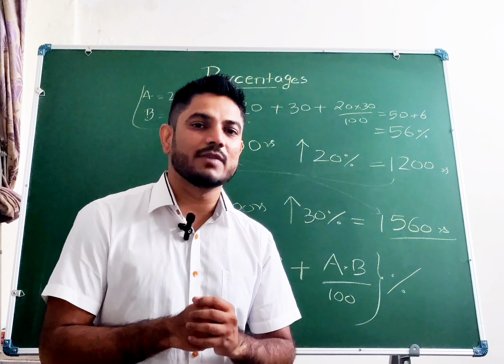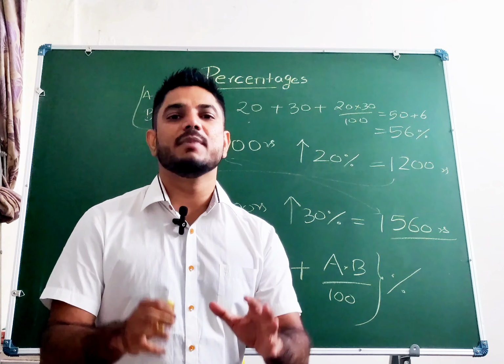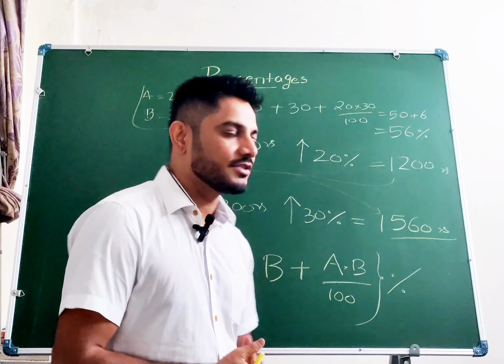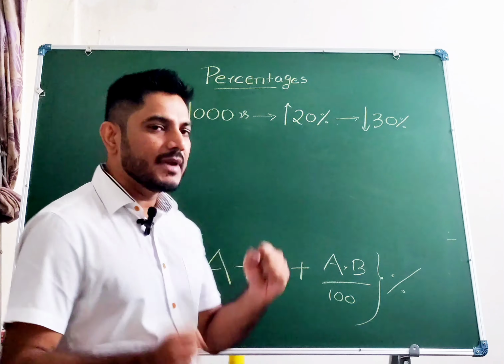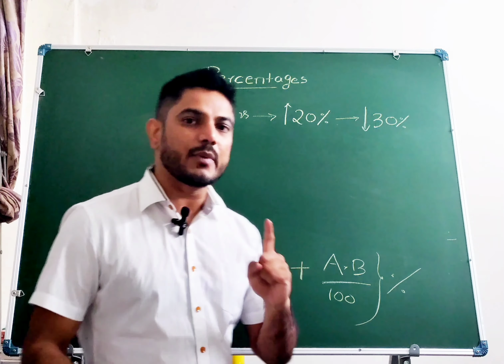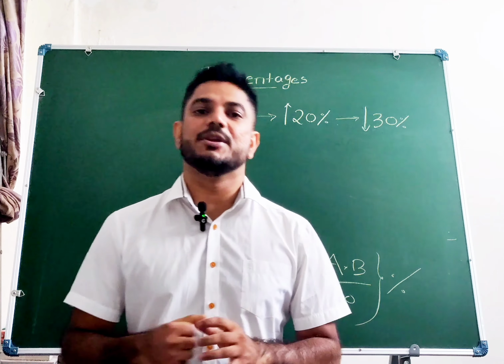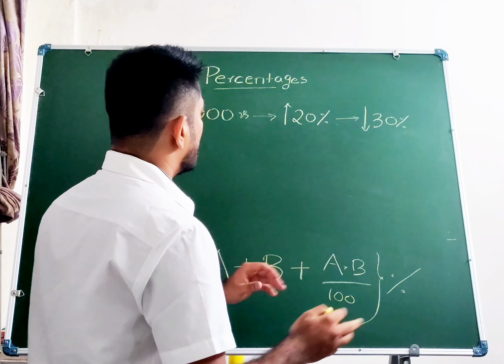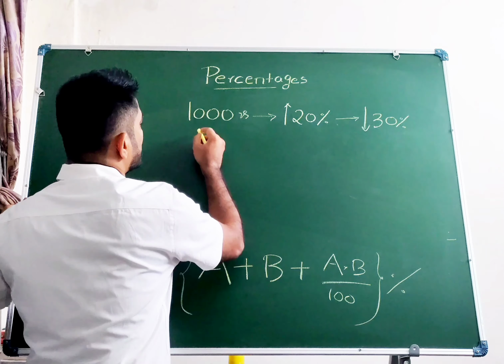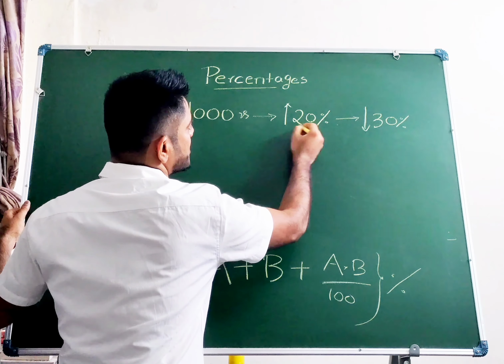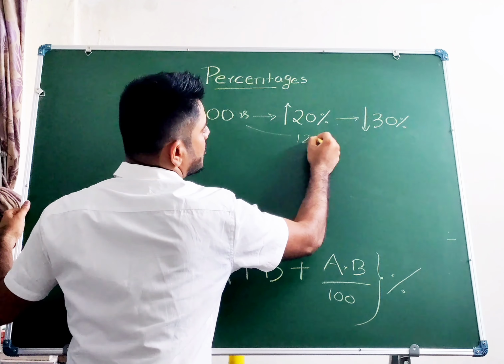Let us take another example where I'm going to use increment and decrement both for the same amount. Now here I have 1000 rupees with me again, but I'm going to increase it first by 20% and then decrease it by 30%. Let's solve it in the conventional manner and then we'll check with the formula. So conventionally, when 20% is increased, my amount becomes 1200.